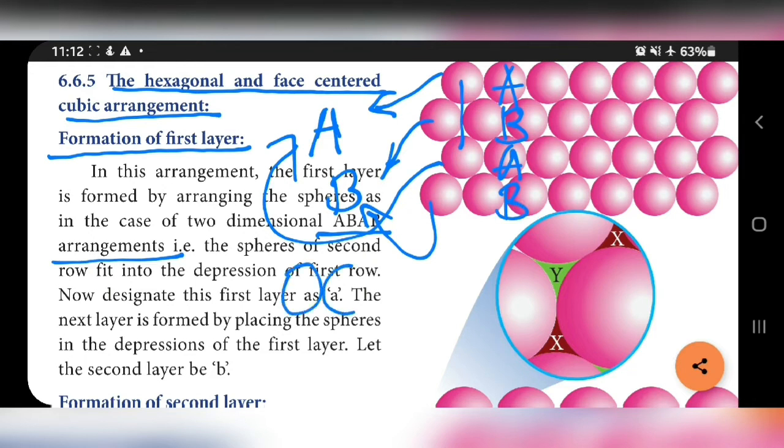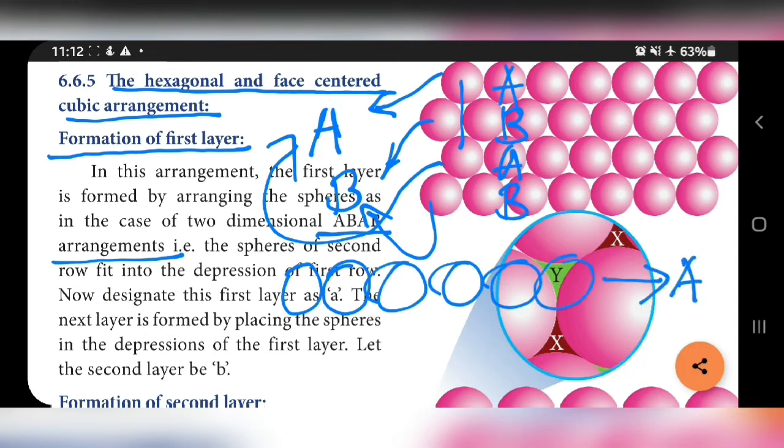Here atoms are arranged like this. If we are considering this is the A layer, the next atoms are placed at the depression of the first layer, that is between the two atoms. So this is called the B layer.